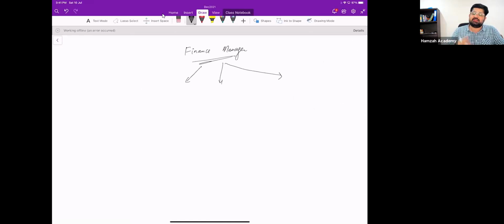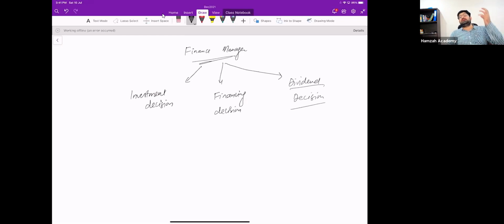The one is investment decision, the second is financing decision, and the third one is dividend decision. If someone asks you what a finance manager does, these are the three main tasks of that.